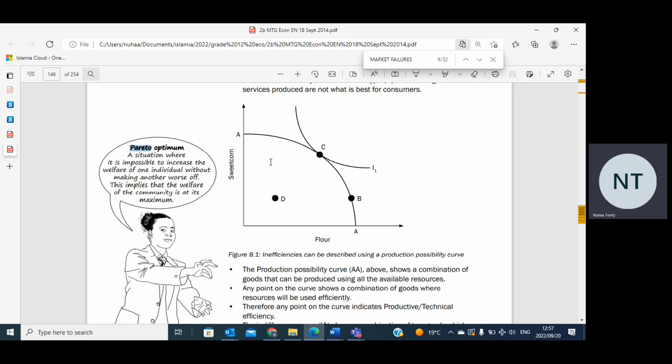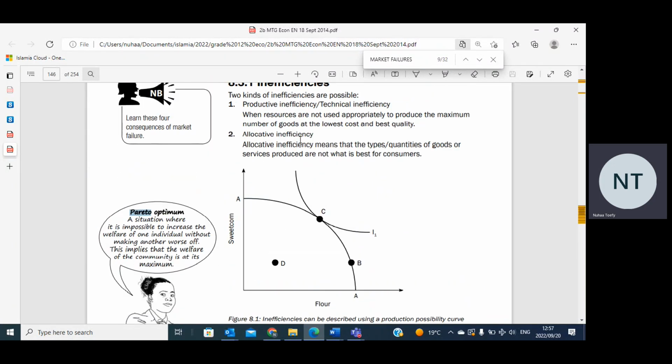She either wasted her time or maybe she had some offcuts that she didn't use to the best of her ability. So productively, she was not efficient, right? And that can be shown on this production process. At point D, if you are not producing on the production possibility curve, you are not productively efficient.